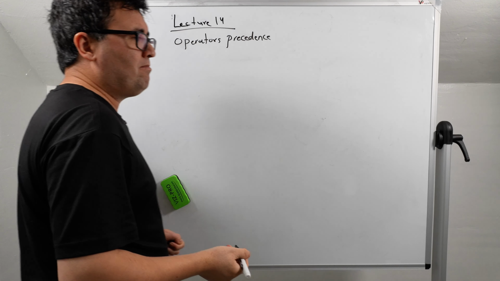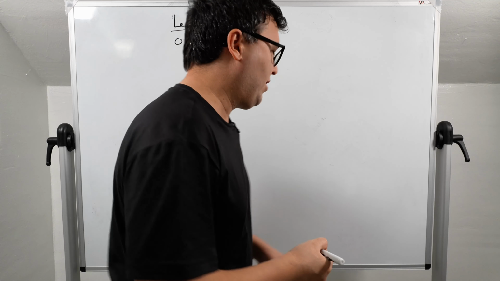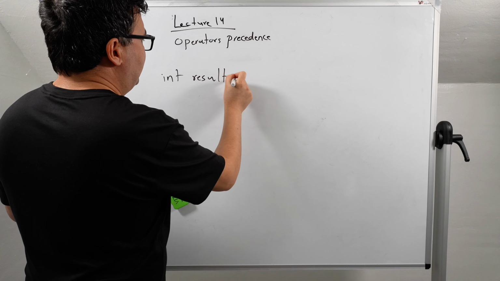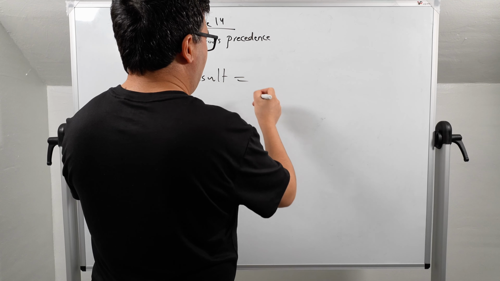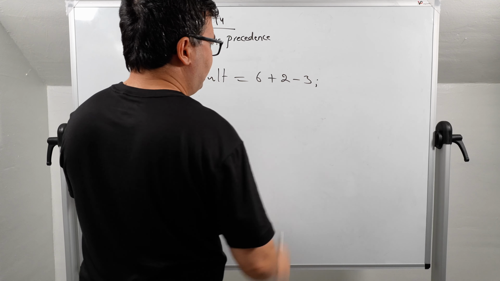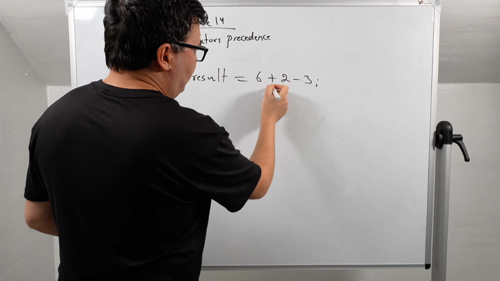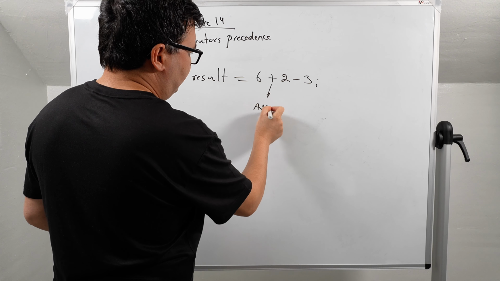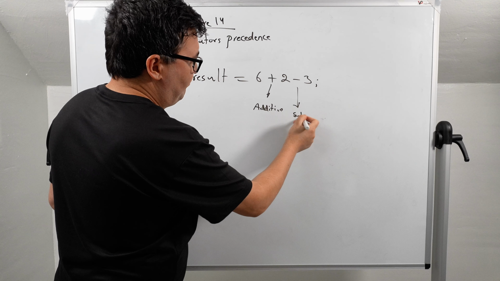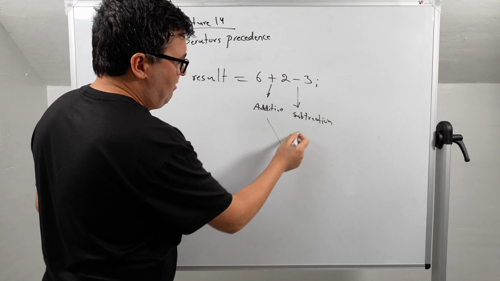And if we have multiple operators of the same priority, for example int result = 6 + 2 - 3, the addition operator and subtraction operator both have the same priority.